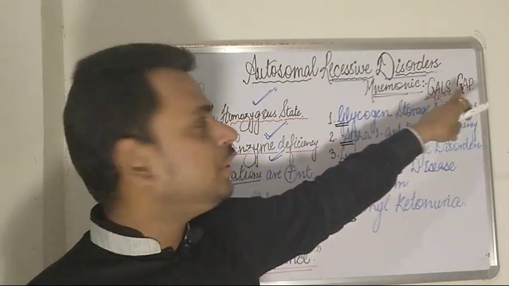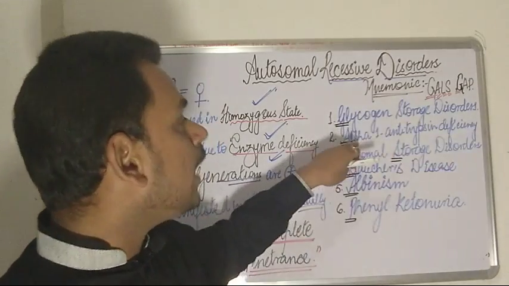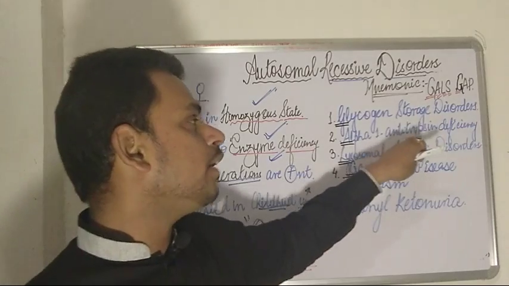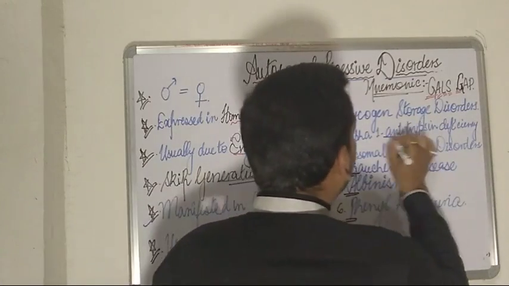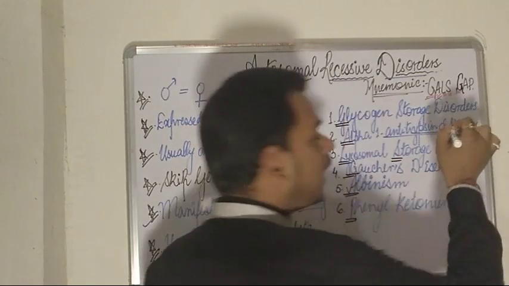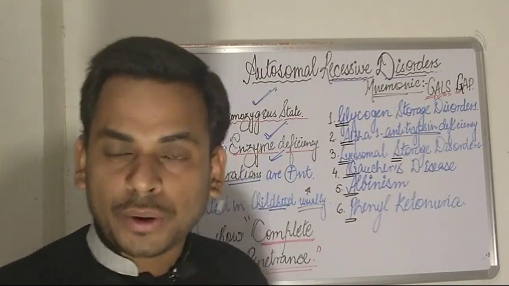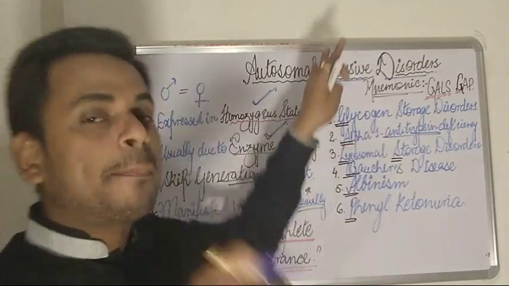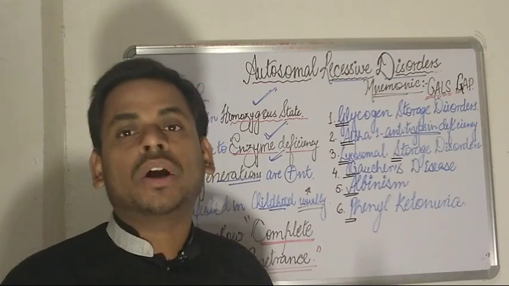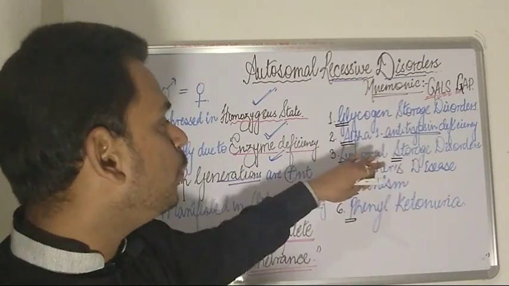So students, beginning with the G of the galls, it refers to the glycogen storage disorder. The A refers to the alpha-1 antitrypsin deficiency. So students, do remember alpha-1 antitrypsin is an enzyme associated with the alveoli of the lungs. Since it is an enzyme deficiency, a particular enzyme deficiency disorder has to be an autosomal recessive disorder.